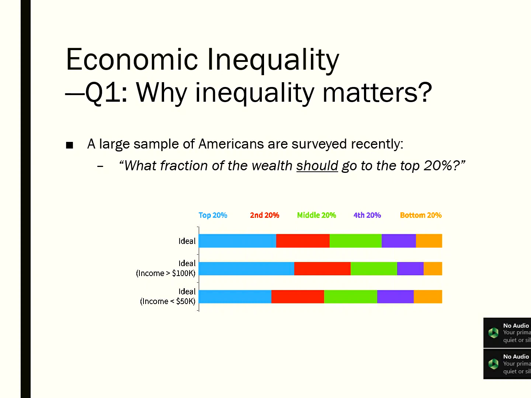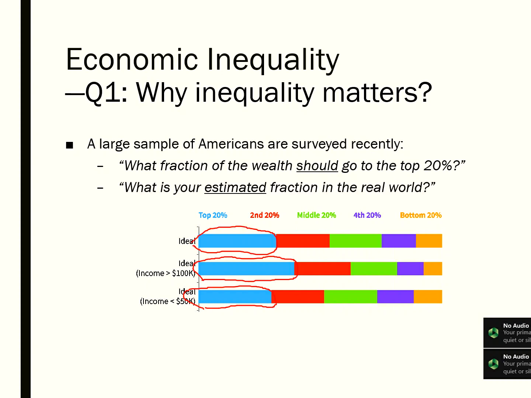Well, those rich people who earn an income greater than 100K think it should be 40% because they have vested interests of being rich. Those who earn an income less than 50K think it should be lower than 30% for the same reason. The second question of the survey is, what is their estimated fraction in the real world? This is about their perceived reality.